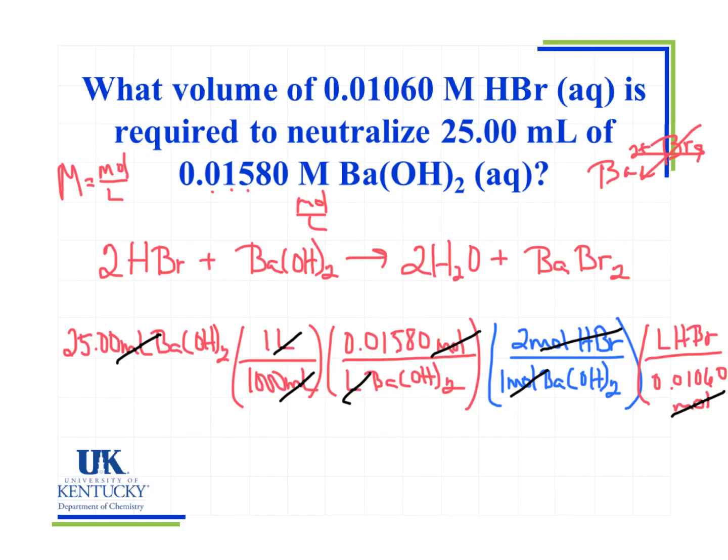Now I can do the calculation, and what I end up with is that the volume of my HBr is going to be 0.07453 liters, or I can write that as 74.53 milliliters. Again, it's about making sure that our units cancel out correctly.